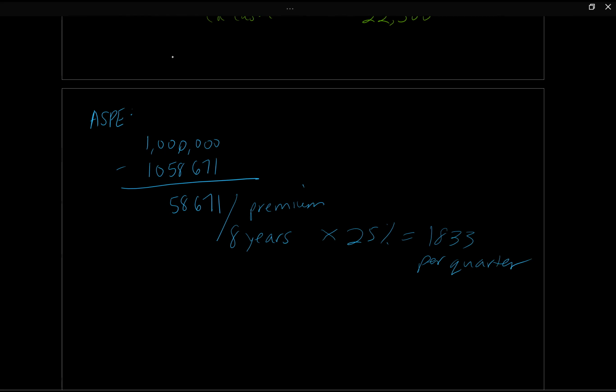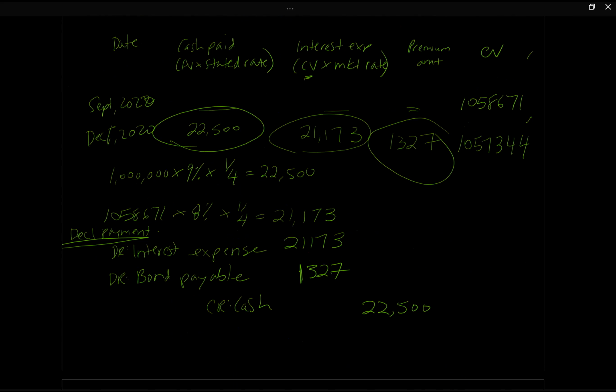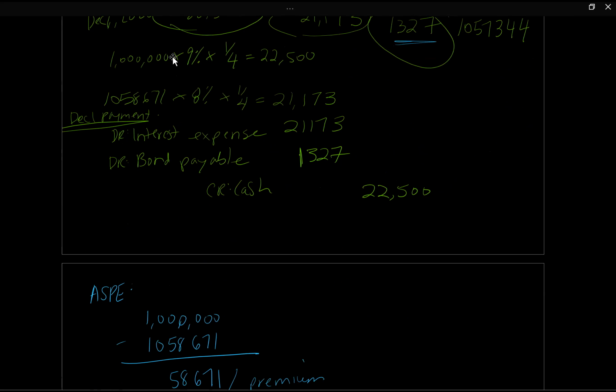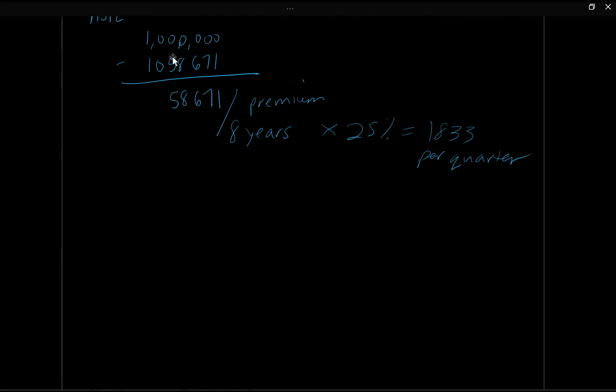So you can see this is going to simply be 1,833 every single quarter. It's never going to change, whereas our amortization here would change each quarter based on the carrying value using the effective interest method.